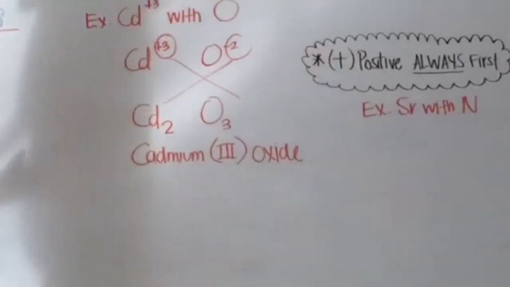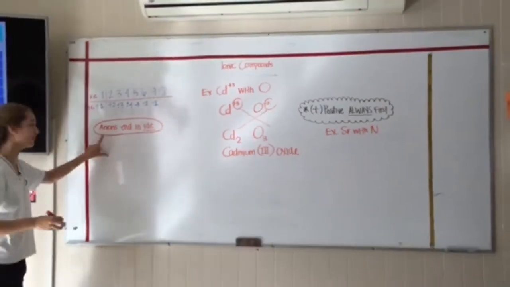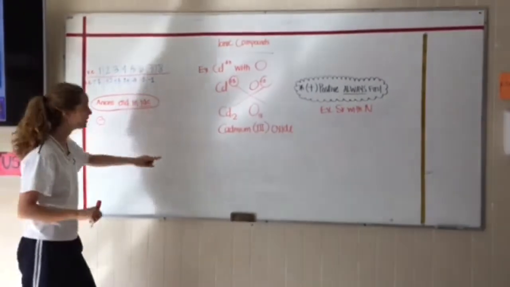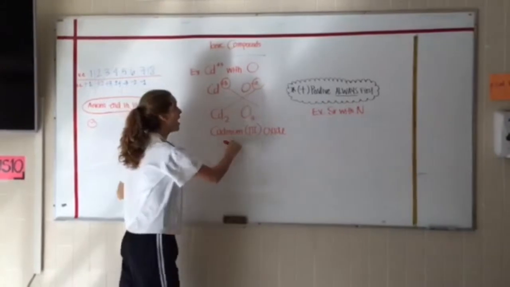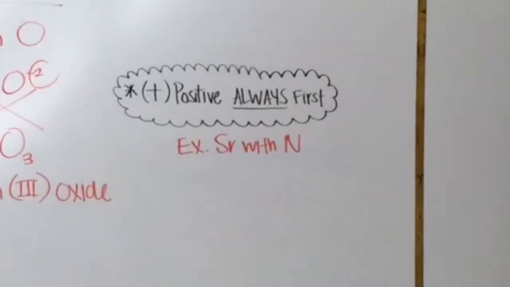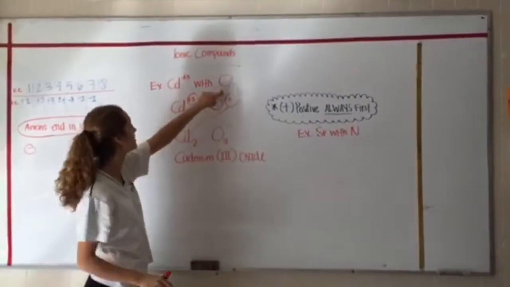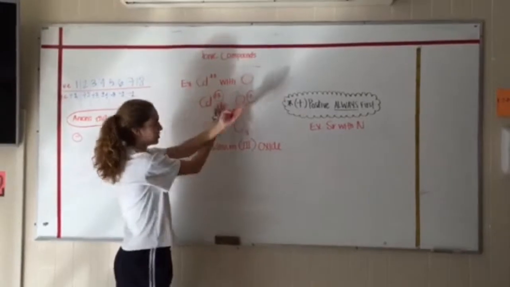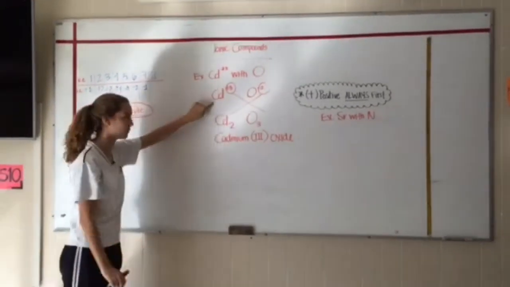As you already know, anions, that are the negative ones, always end in IDE. The negatives are going to be after the positive. The positive is always first. So if I give you oxygen with cadmium, you would switch them again because it's always the positive first.